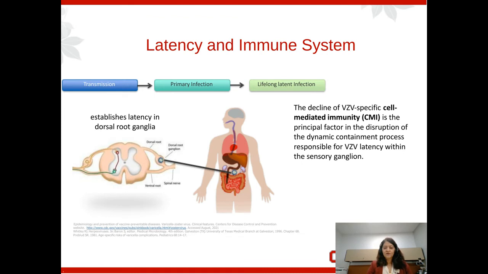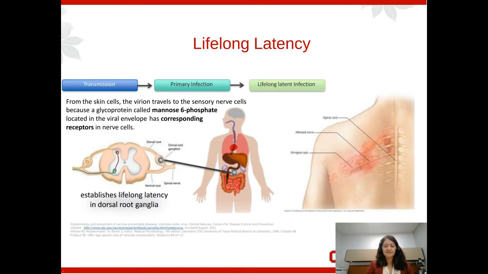One of the hallmark features of this disease is lifelong latency, as we discussed previously, which is true for all human herpes viruses. After primary infection occurs, the virions travel from the skin cells to the sensory nerve cells.